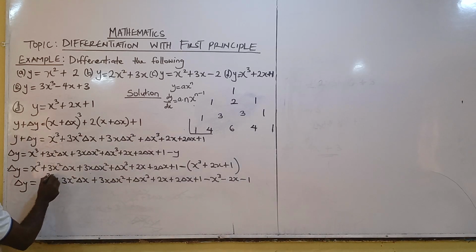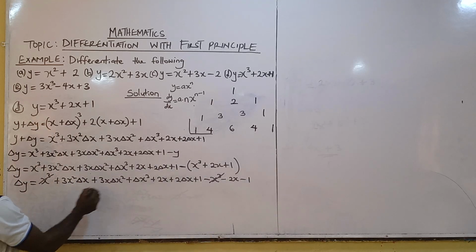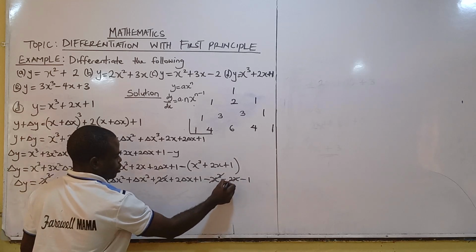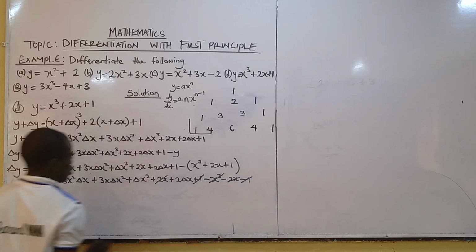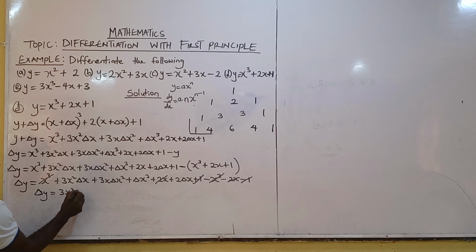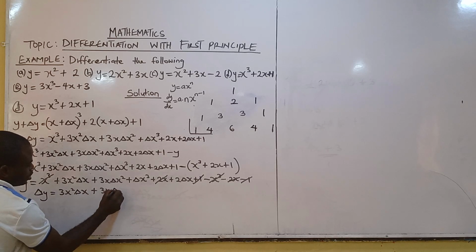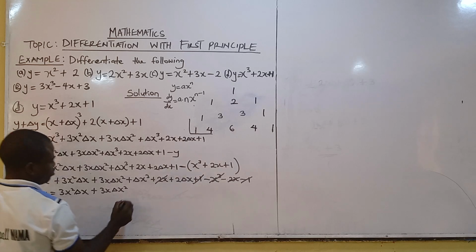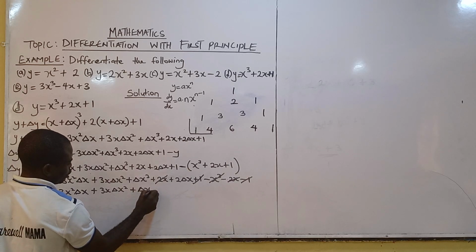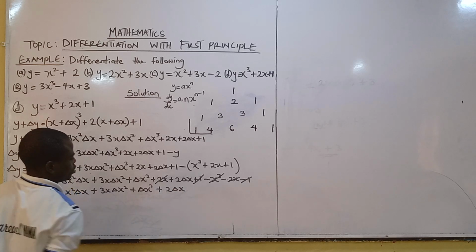Now let's cancel out: x raised to power 3 cancels minus x raised to power 3, plus 2x cancels minus 2x, minus 1 cancels plus 1. You're having dy equals 3x squared dx plus 3x dx squared plus dx raised to power 3 plus 2 dx.